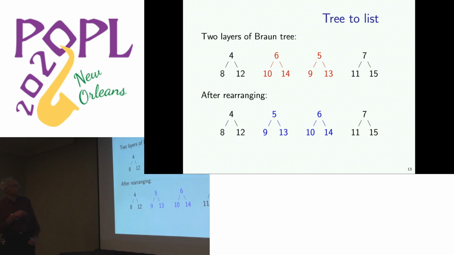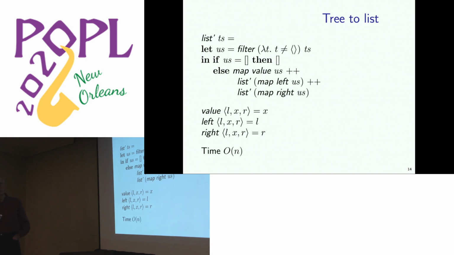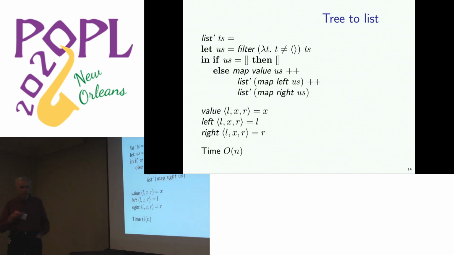And then something very nice happens when you've done that. If you want to turn that into a list, you first take all the roots, then you take all the right subtrees from 8 to 11, and then you take all the left subtrees from 12 to 15, and that's the order which will give you the correct projection of the tree into a list. And that's the recursive function, and all you have to do is show that it's correct and has the right complexity.